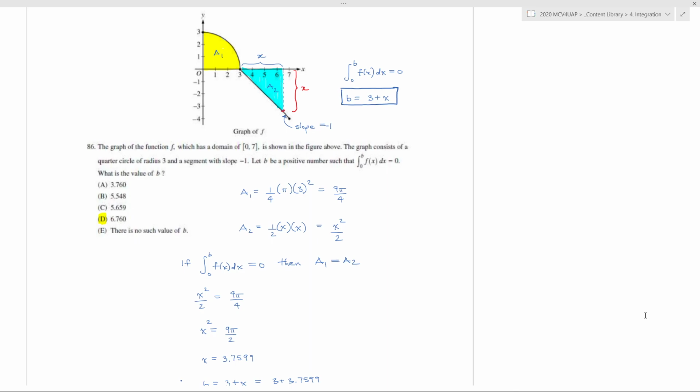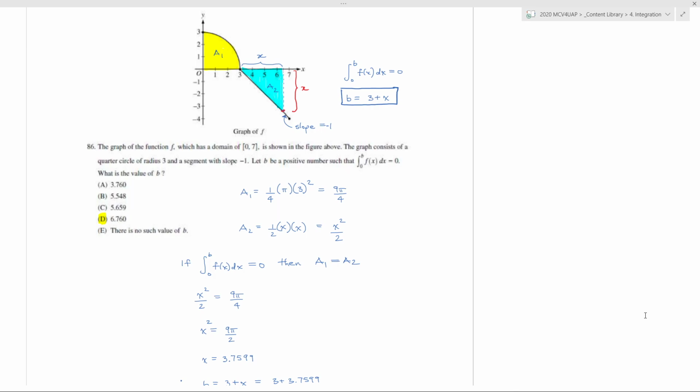So basically now I'm going to solve for x by saying that the area of my triangle has to be equal to the area of my quarter circle. That's the only way that we're going to get 0 for a definite integral. So the area of the quarter circle is 9 pi over 4. That's what area 1 is.